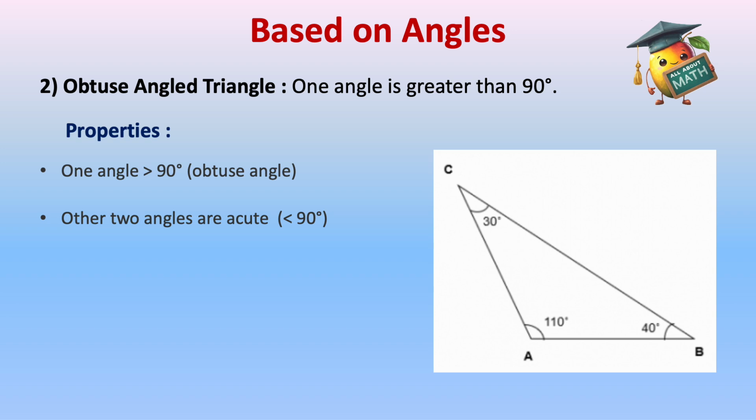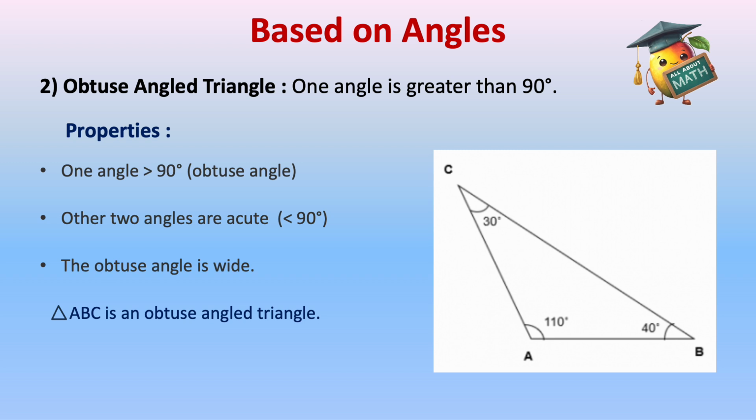So other two angles, this is another property, that they should be acute, that is 40 degrees, 30 degrees. Obtuse angle is wide. By looking at the triangle, we can easily say that this is an obtuse angled triangle because the triangle will be wide as well. So triangle ABC is an obtuse angled triangle.